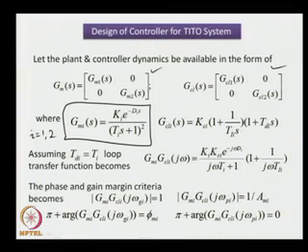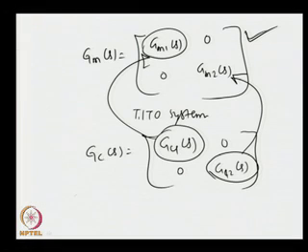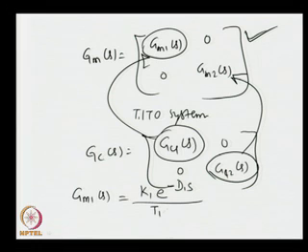So, when i equal to 1, we get a process transfer function which is given as GM1S is equal to K1 e to the power minus D1S upon (T1S plus 1) square.